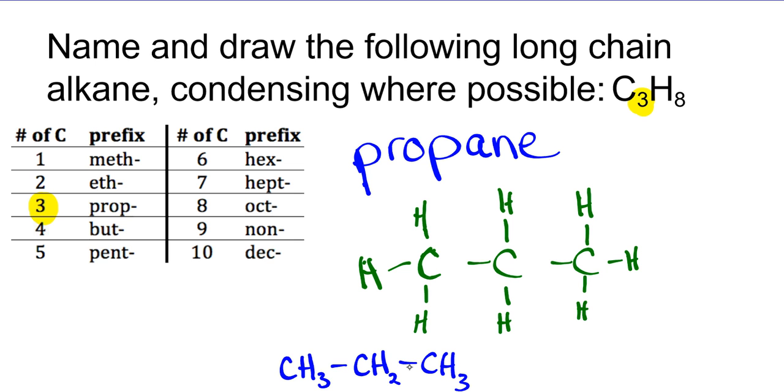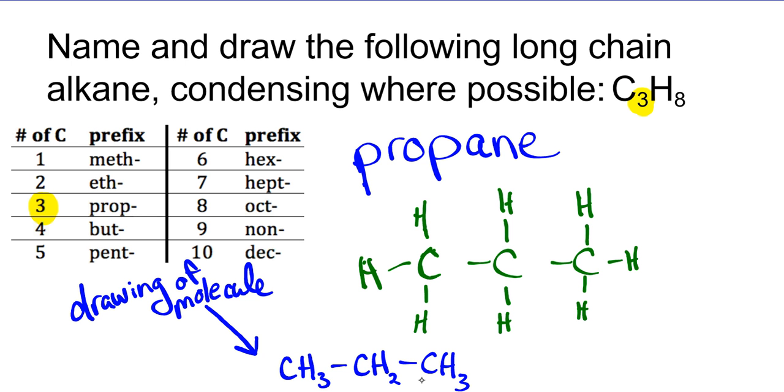This is an okay way of drawing this molecule without all of those H's. Okay, so here's our drawing of our propane molecule. The condensed structural form is not very different because of the fact that this is a really simple molecule. But here's our condensed structural form diagram.